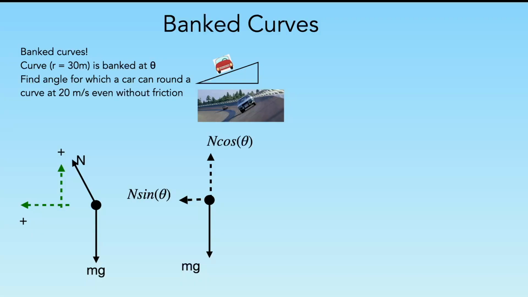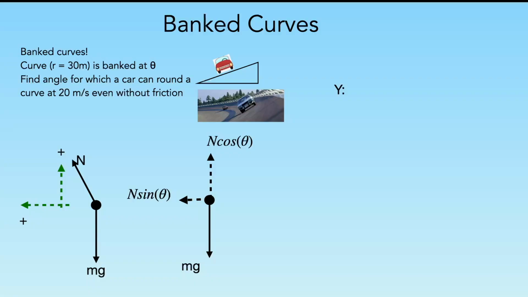I will leave it to you to figure out the angles on that. The way I think of it is, if the angle is very small, the normal force will be mostly up, so n cosine theta is mostly up, and cosine ends up being bigger for small angles. So whichever way you do it, this is how it breaks down: n cosine theta, n sine theta.